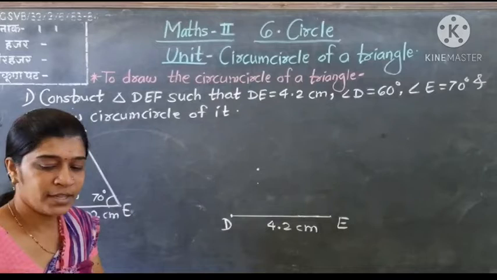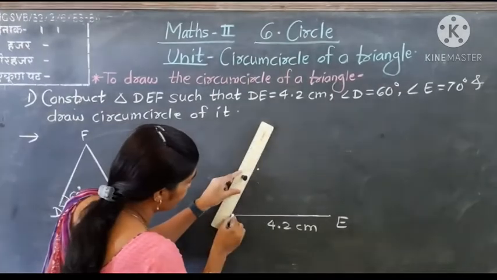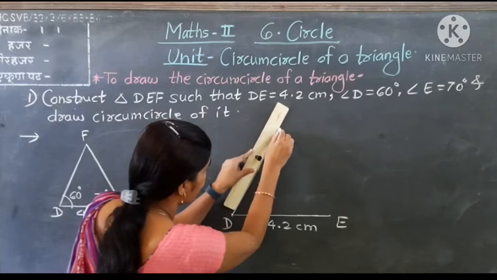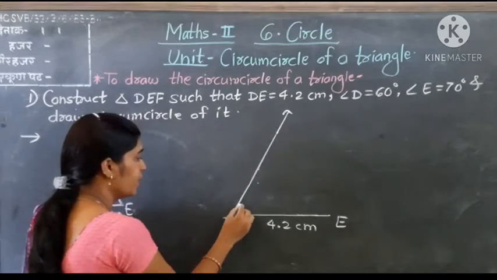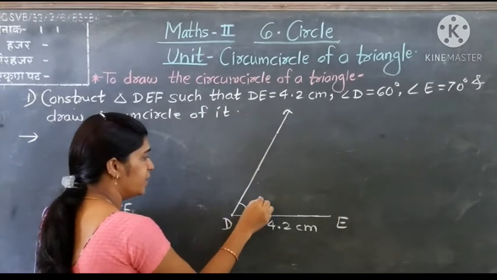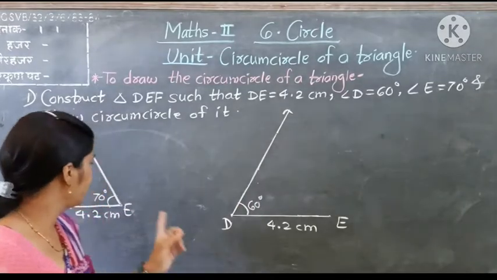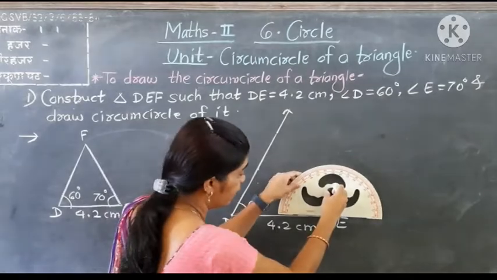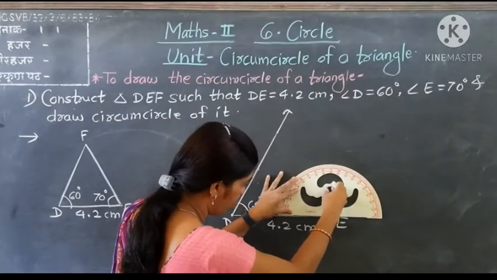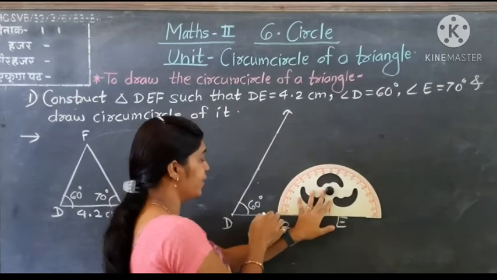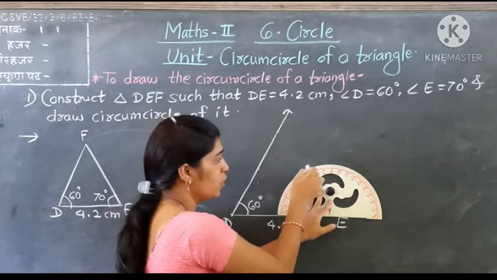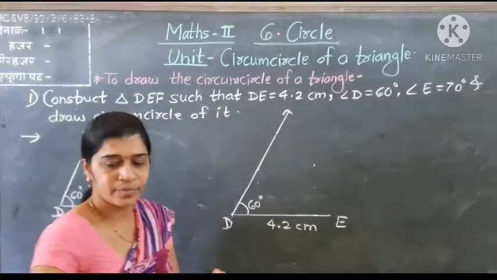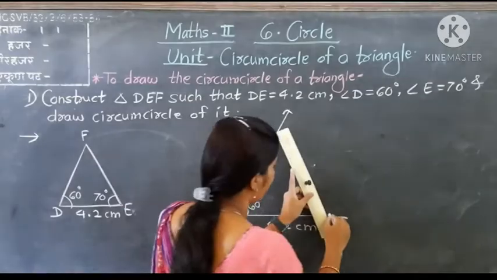Mark the point at 60 degree and join, that is, draw a ray from point D. This angle is 60 degree. Then draw angle E of 70 degree with the help of protractor, starting from 0 up to 70. Make a point at 70 and draw a ray from point E.